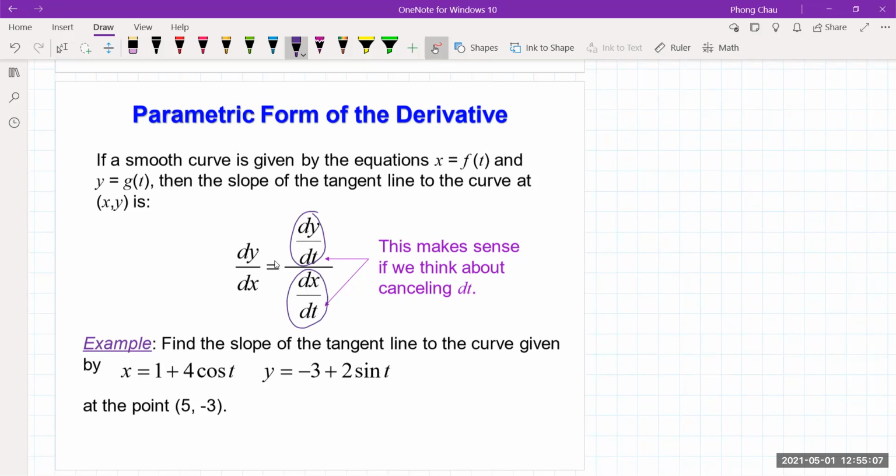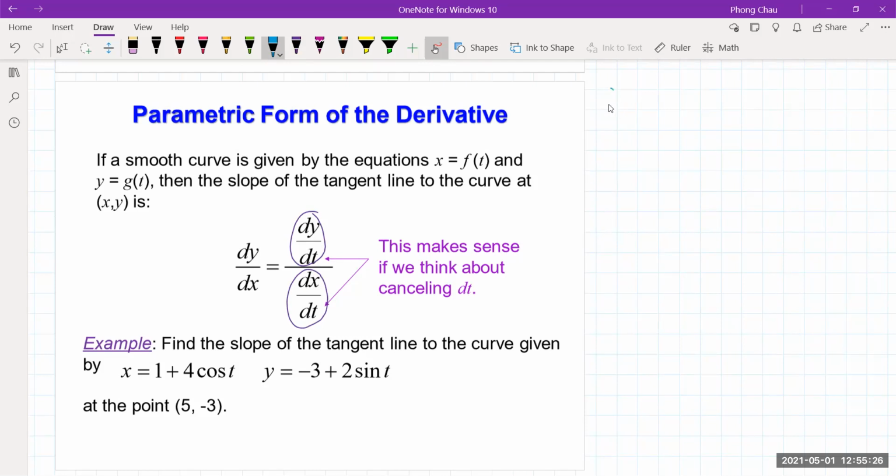All right, let's take a quick look at the example down here. Find the slope of the tangent line to the curve given by x equal 1 plus 4 cosine t, y equal negative 3 plus 2 sine t.